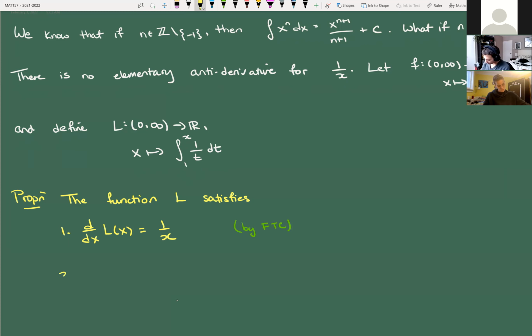So that's number 1. Number 2, L is strictly increasing. Okay, why is that true? Like without needing to prove anything. Or if you were to prove it, what would you do?